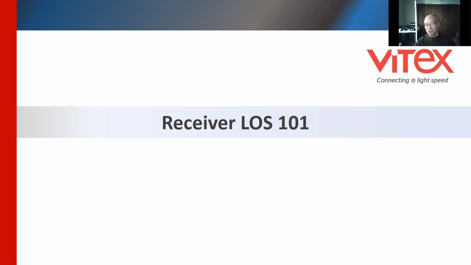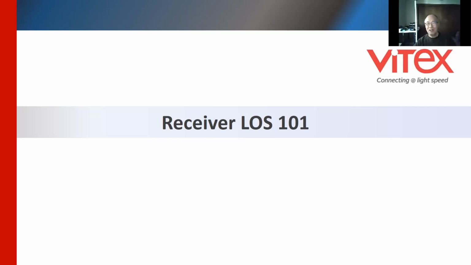And also what is important to mention is that the LOS is not in any MSA documents. So it just provides a user with some tools to help their system. And that's why it triggers me to do this topic in the webinar.